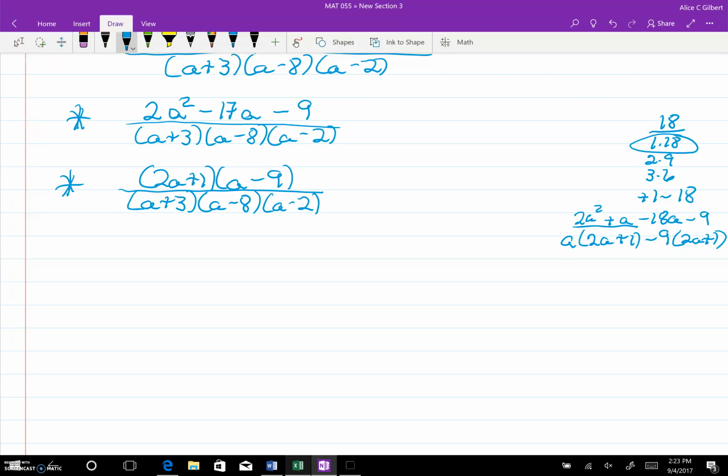Just always keep in mind with these things, our numerator can stay in multiplied form or in factored form, but our denominator must always be in factored form.